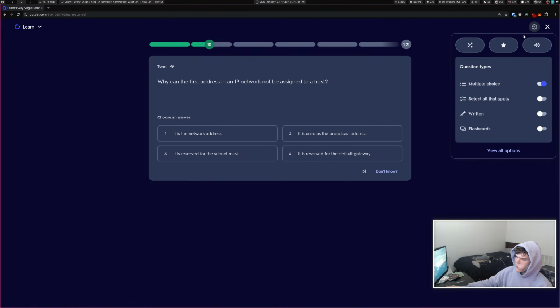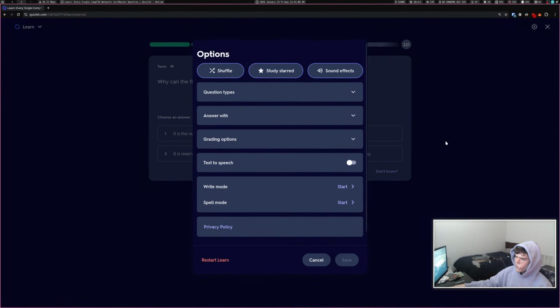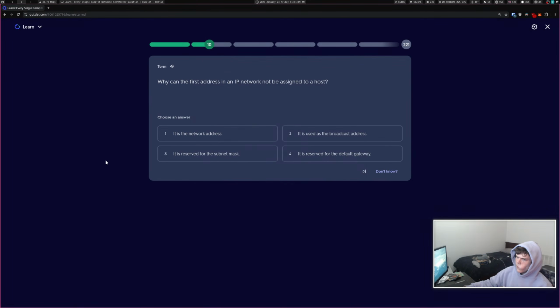Are these randomized? Oh, right, because when it says the first address, it's not referring to the address that ends in 1, it's referring to the address that ends in 0, which is the network address.